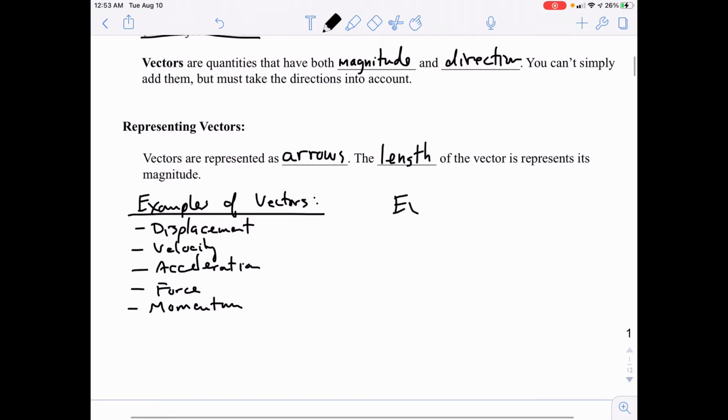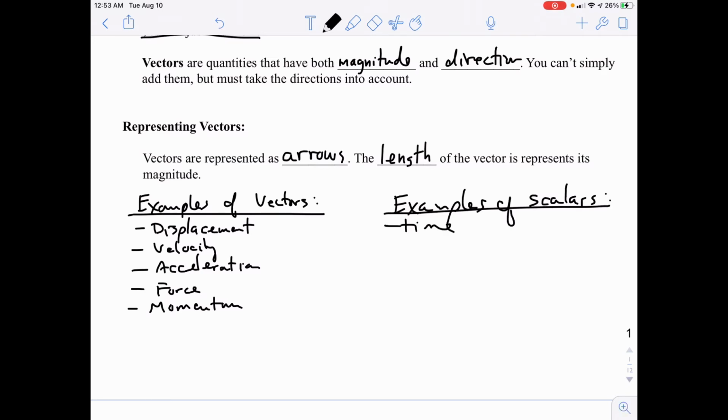Examples of scalars. Again, scalars are those quantities that just have an amount to them. They don't have a direction. So time, distance, mass, energy, speed.